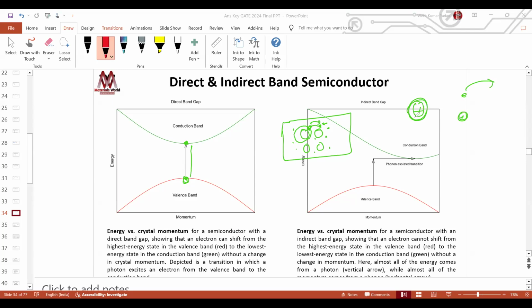So there is a movement of electrons, momentum. That means a phonon is involved. What is a phonon? A phonon is the vibration. If an electron collides with the positive ionic cores and other electrons, then an electron carrying certain energy will start to move, and that energy will contain its corresponding vibrational energy.